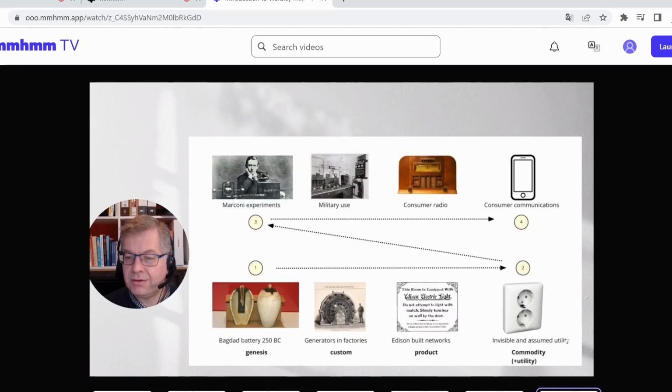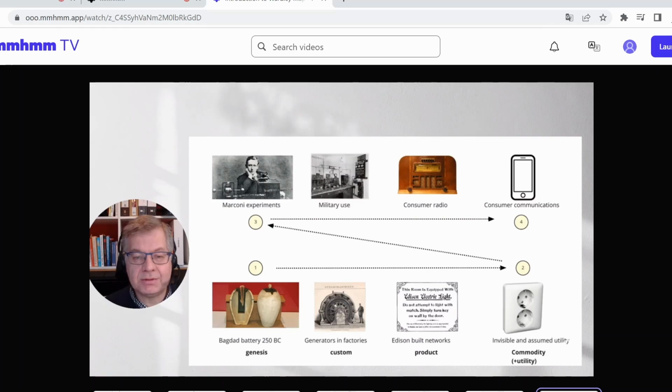So every offering on the planet evolves under the pressure of competition and goes through stages. Let's take electricity as an example, starting at 1 in this graph.